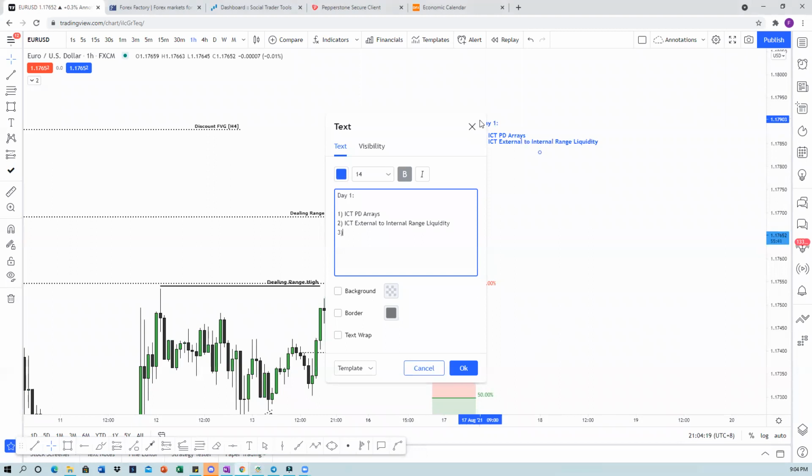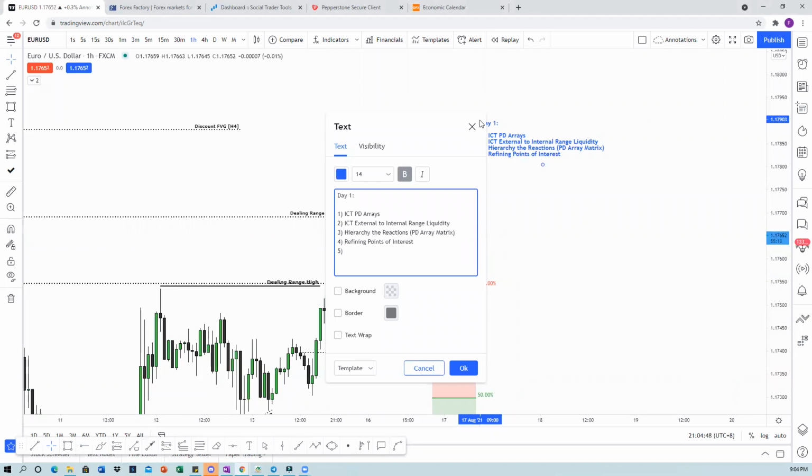Then number three, we have hierarchy of reactions, which is essentially the PD array matrix. Number four, we have refining points of interest.